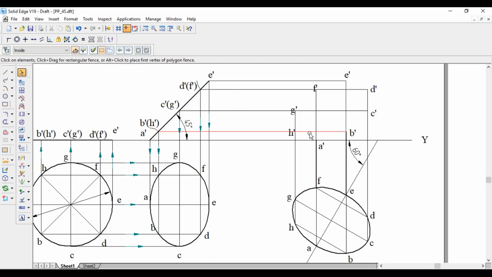Join all these endpoints once again free-handedly while drawing manually. So a free-handed curve we have to use to join those endpoints.